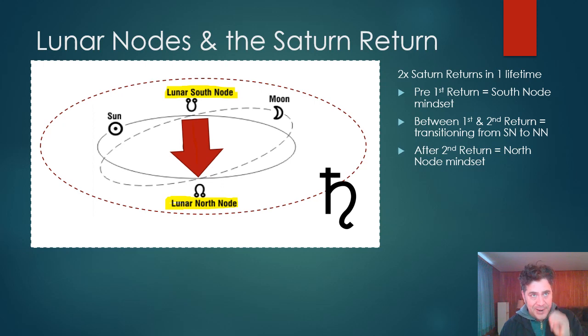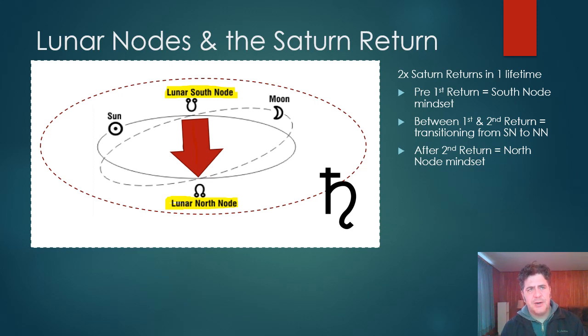The north node, like the Saturn return, represents maturity, what we've matured into, versus when we feel immature, when we feel stuck, like we're regressing, or we haven't aged, we're still thinking like we did as a teenager.